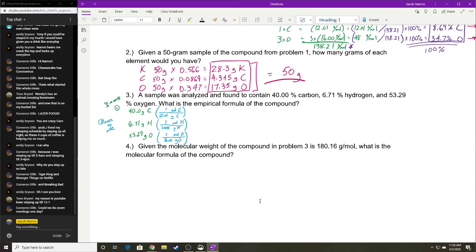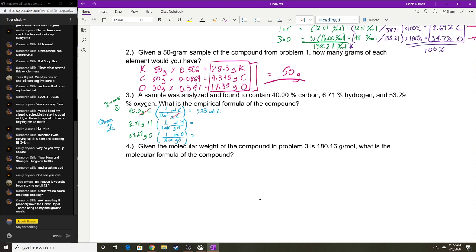Alright, so we got all this junk. We need to actually do a little bit of math real quick. 40 divided by 12.01 is 3.33, and this is now moles of carbon. If you don't believe me, look, grams cancels, and we're left with moles.